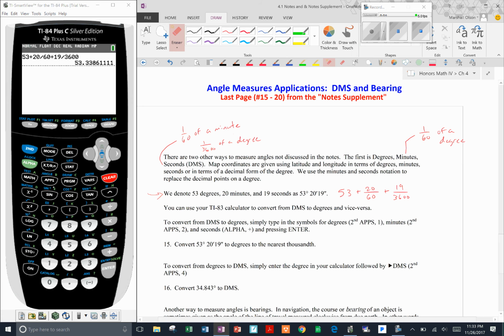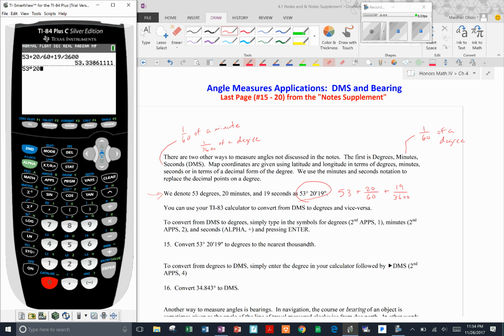Your calculator above the apps button has a little angle menu, so if we hit second apps, we'll get to that menu. So I'm going to type that 53 degrees, 20 minutes, and 19 seconds in here. So 53, and then second apps to the angle menu. We want number 1 for the degree symbol.